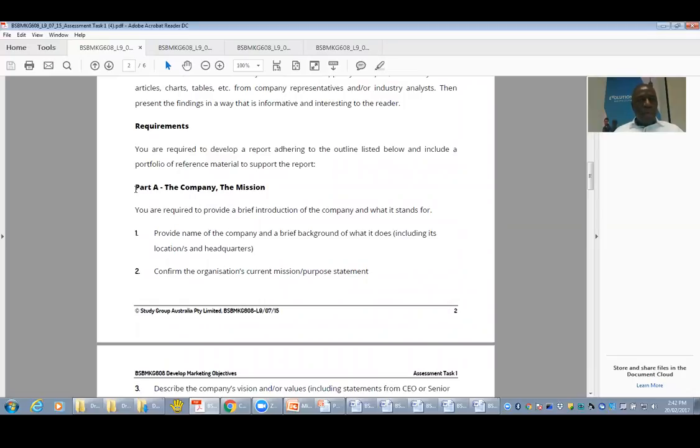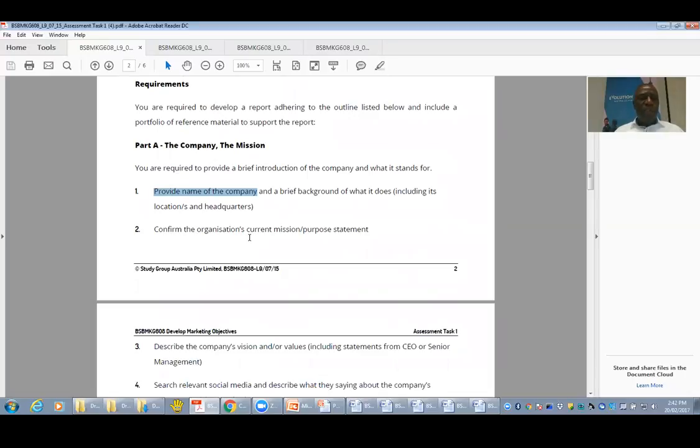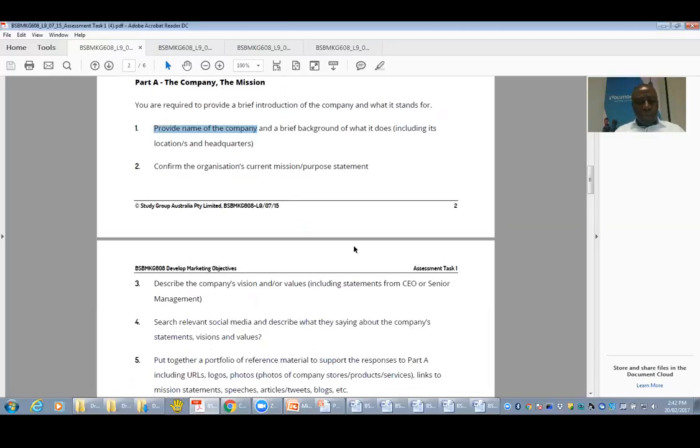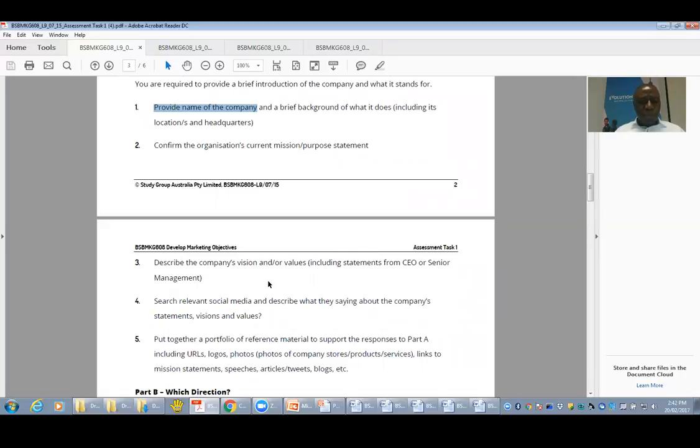For part A, you've got to provide a brief introduction of the company. That means this company produces this particular product, and these are the services they offer. As you can see, provide the name of the company, a brief background, where their headquarters is, confirm the organization's current mission and purpose, describe the company's vision, and search relevant social media and describe what they're saying about the company.